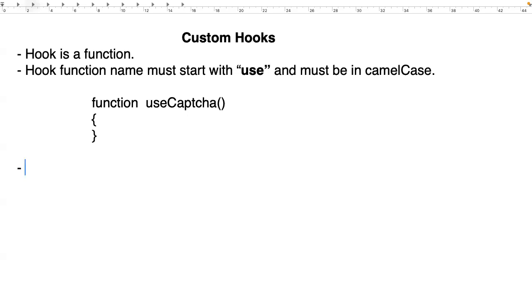Why? Because for what purpose are you using a hook? To return some functionality. If it is void, how will it return? Can a function return a function? Yes. A function can return a function, and a function can return a value.